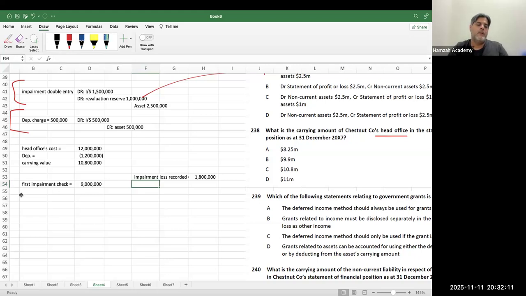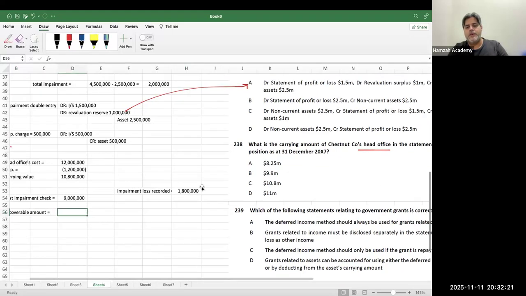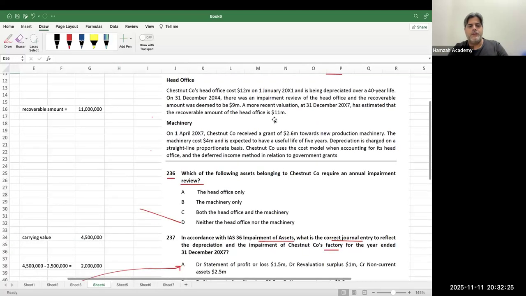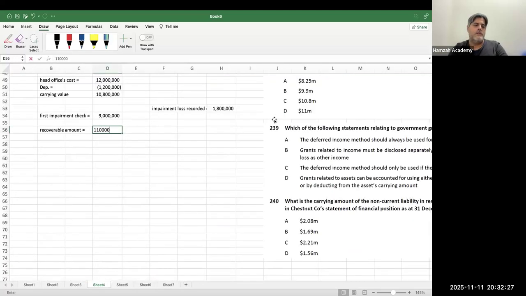Then the fair value of the recoverable amount. The recoverable amount would have been 11 million over here, right? And now we have recorded the value at 9 million over here, right?